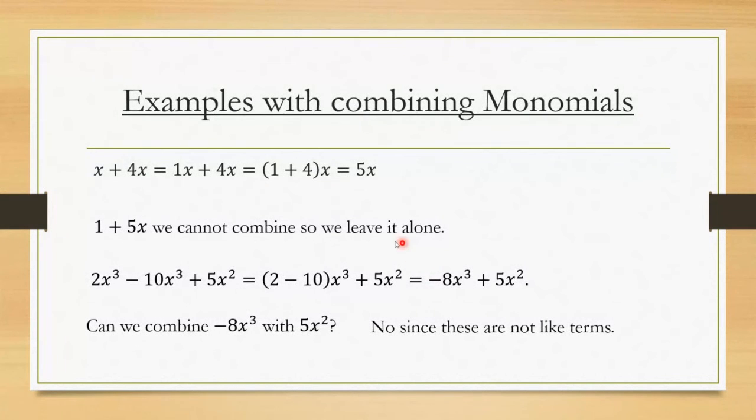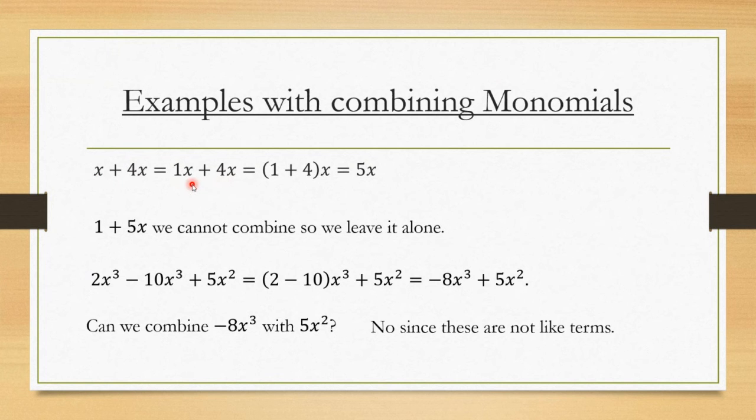And just to illustrate some examples, suppose we have x and 4x. Well, as I already said, x alone is a monomial of degree 1. Its coefficient is 1. Remember, if the coefficient's 1, we don't write it, but we have 1x. 4x is a monomial of also degree 1, so they both have degree 1.